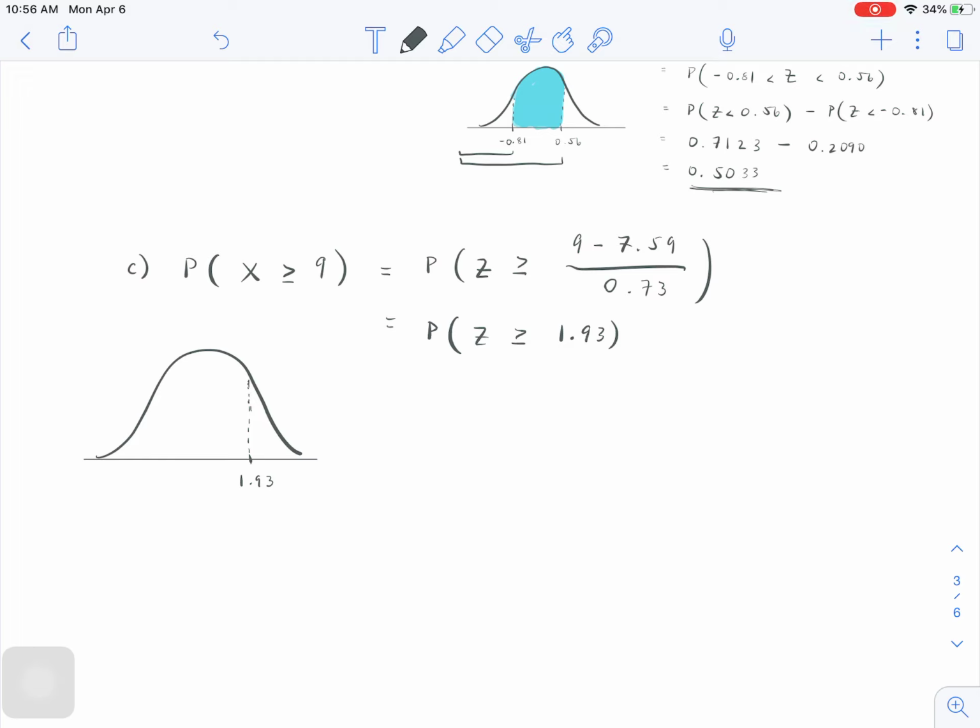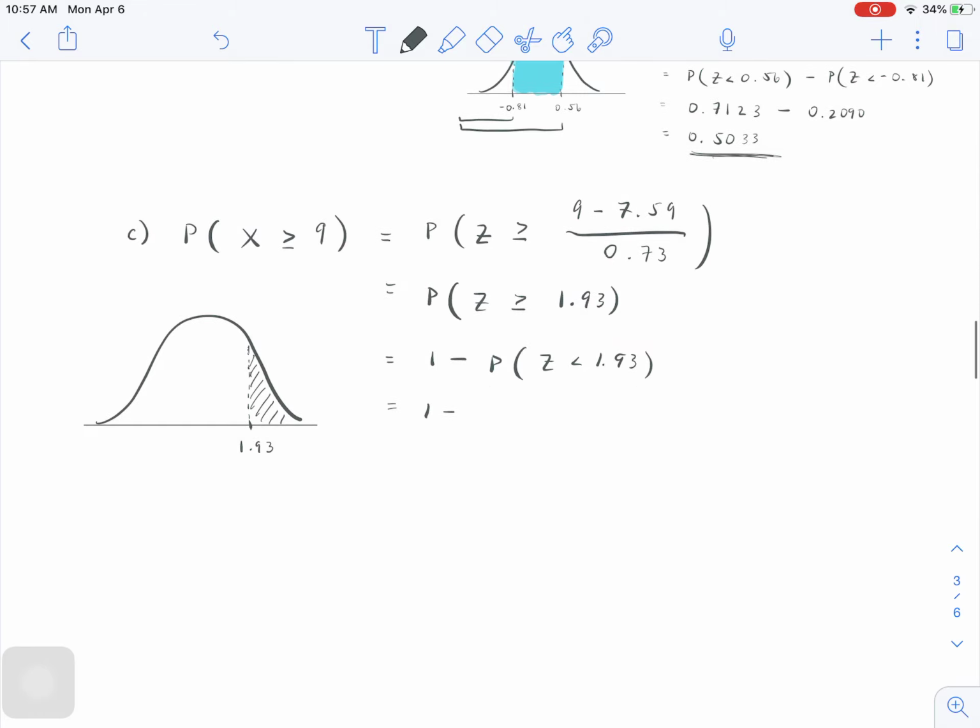So the area to the right is simply 1 minus the area to the left. So this is equal to 1 minus the probability that z is less than 1.93. The area to the left of 1.93 I can read off the table.